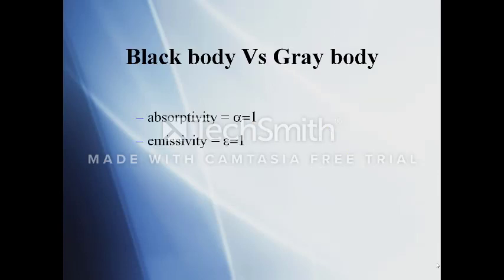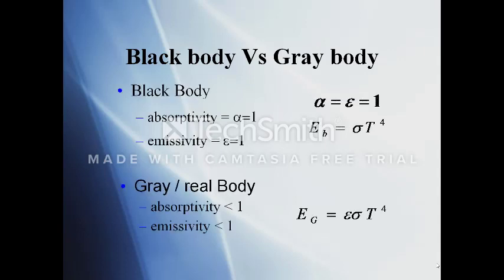So to have a better comparison between a black body and gray body, you can say for black body absorptivity alpha is equal to 1 because it absorbs all the incident radiation and it emits the maximum amount of energy at any given temperature. So from the very definition we can say emissivity of a black body is equal to 1.